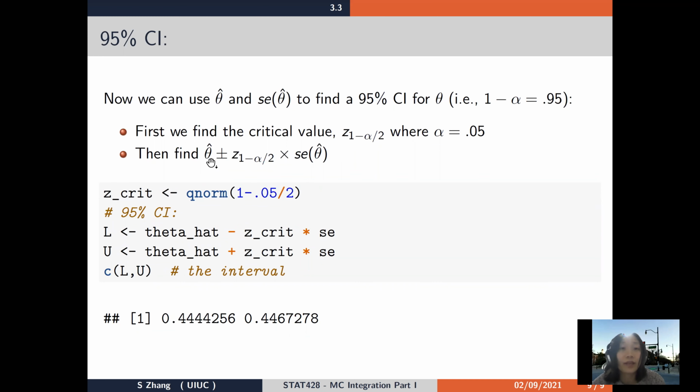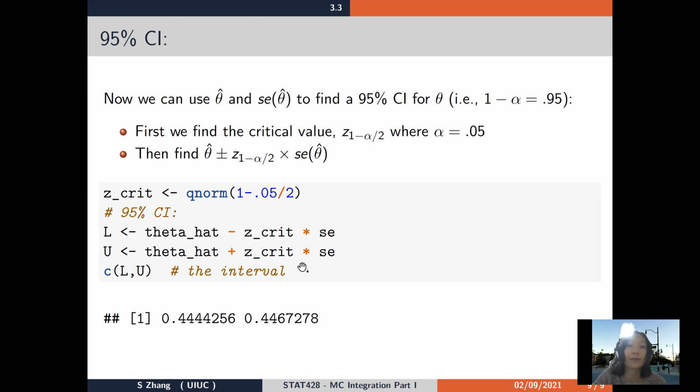To do this, we can first find the critical value, which is the z value corresponding to alpha equals 0.05. And then we can find theta hat plus or minus the critical value times the standard error of theta hat. That will give us the lower and upper bounds for the 95% confidence interval.